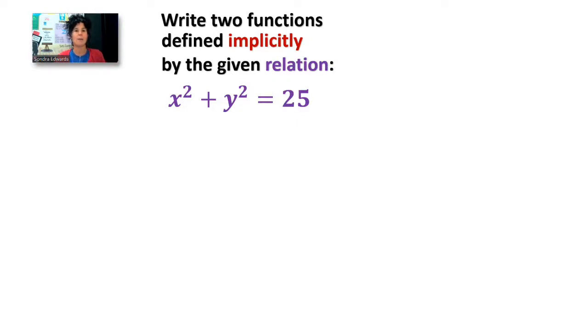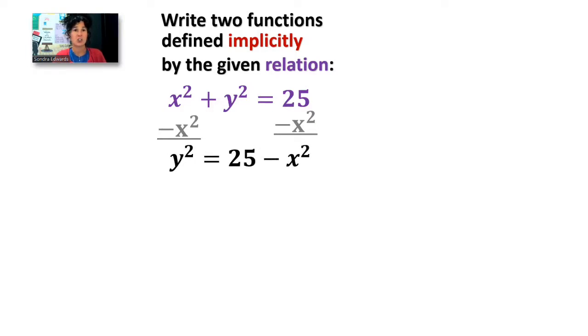And when we write both of them and graph them together, we're going to end up getting the graph of x squared plus y squared equals 25. Defining a function implicitly just means that you want to solve for y. So let's go ahead and solve for y. I'm going to subtract x squared from both sides.